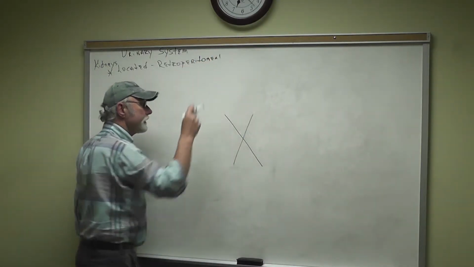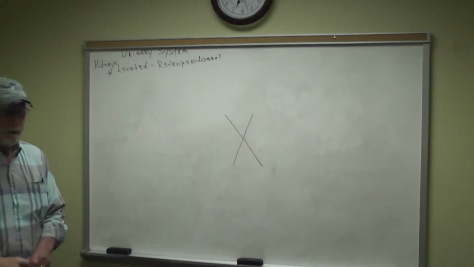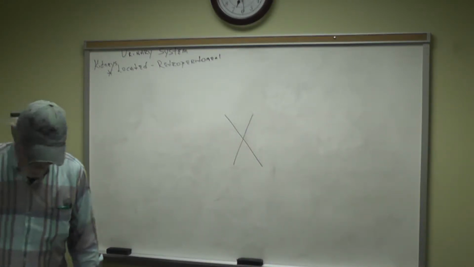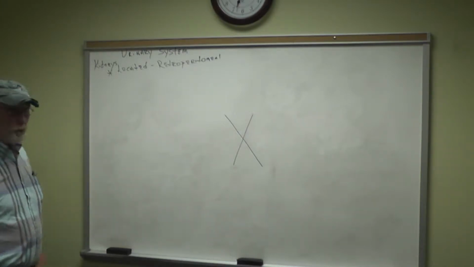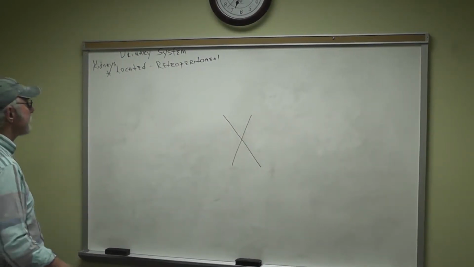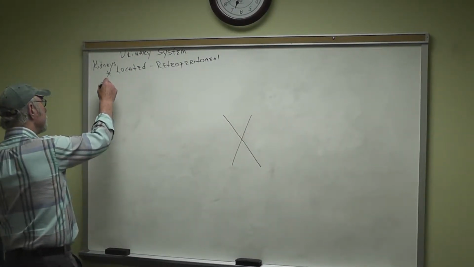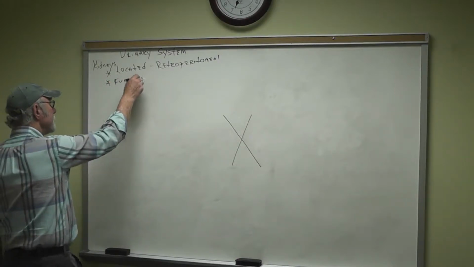Which is to say that they are not within the peritoneal cavity, okay? For most people, the right kidney will hang a few centimeters below the left kidney, and the functional unit of the kidney will identify as the nephron.